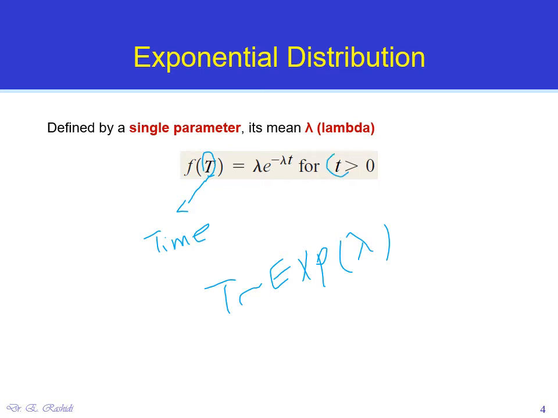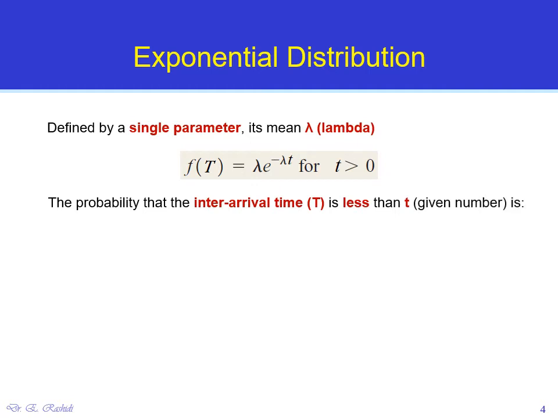A small t is just the values that random variable T takes. So the probability density function of random variable T is equal to lambda, its expected value, multiplied by e to the power of negative lambda multiplied by t, for any t greater than 0.